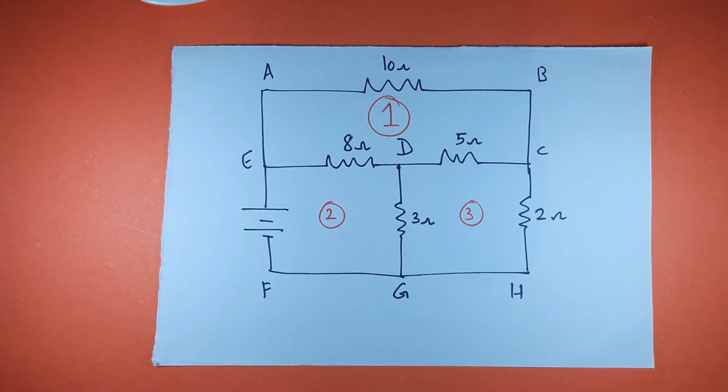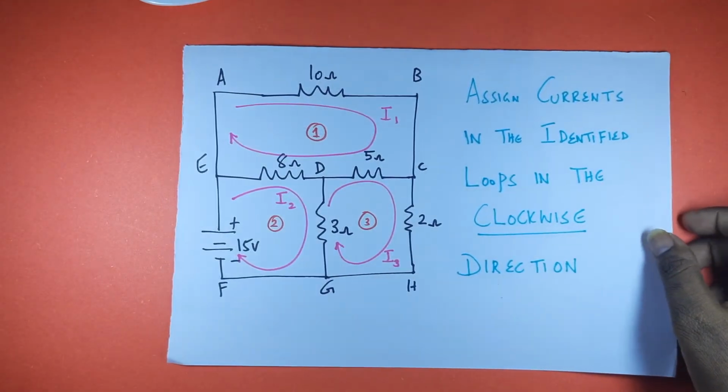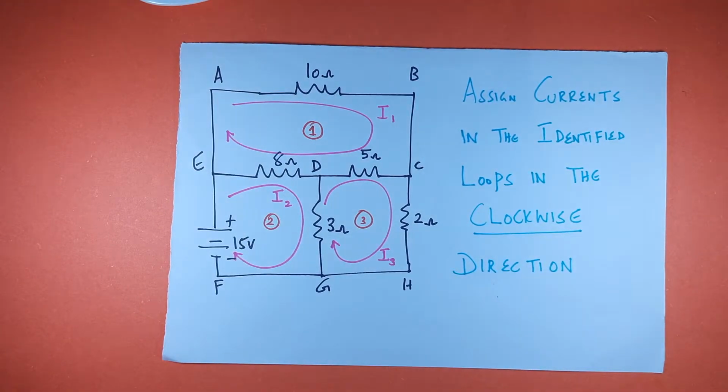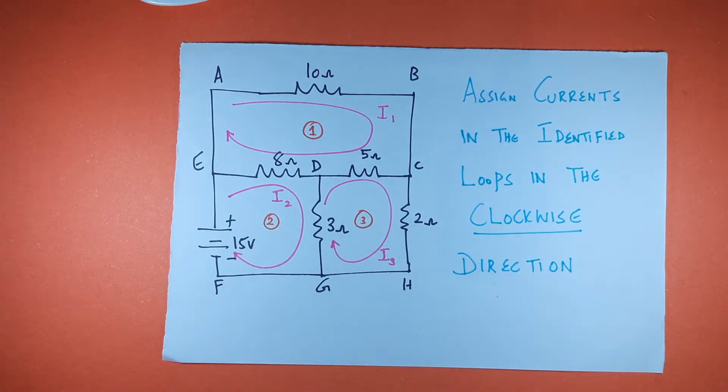Okay. So next step is, in the identified loops, that is 1, 2, 3, you have to assign currents in the clockwise direction. That is very important. First, you identify the loops. It may be more than 3 also, but mostly it may be 2 or maximum 3, right?